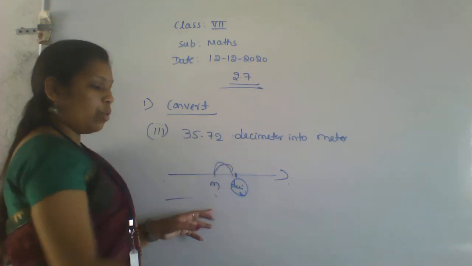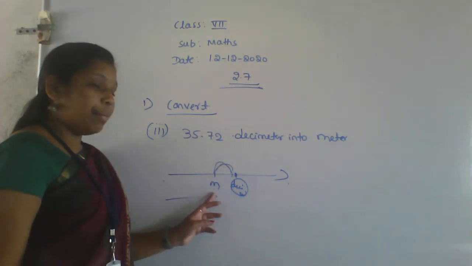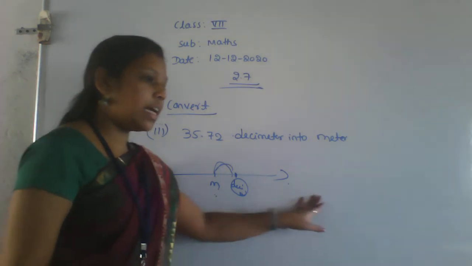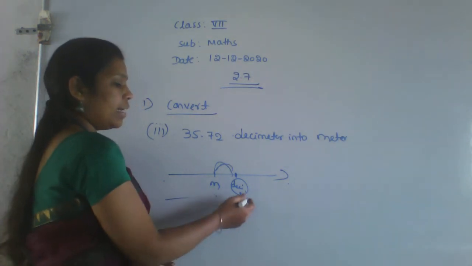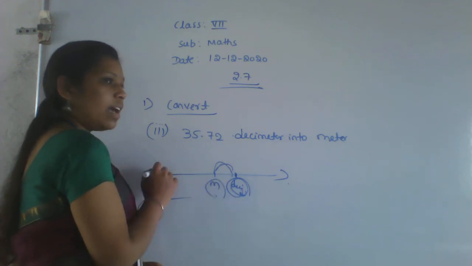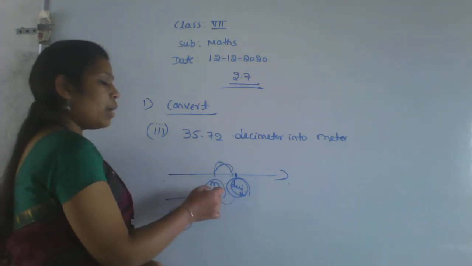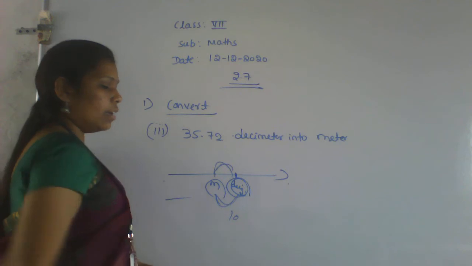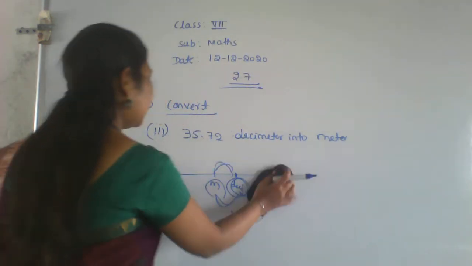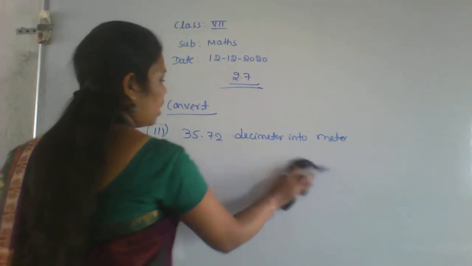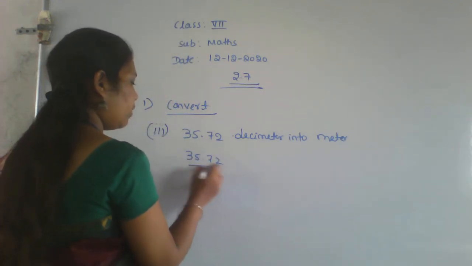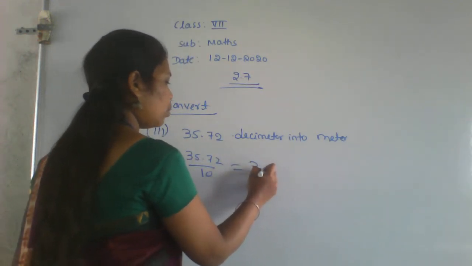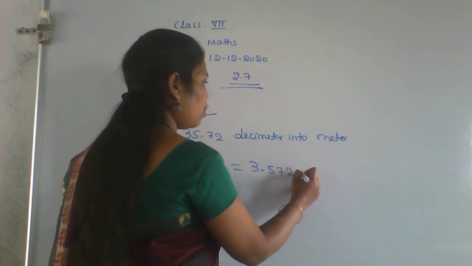Only 10 you have to divide. Deci is smaller and meter is a bigger value. So divide that value by 10 and get the answer. 35.72 divided by 10 is equal to 3.572 meter.